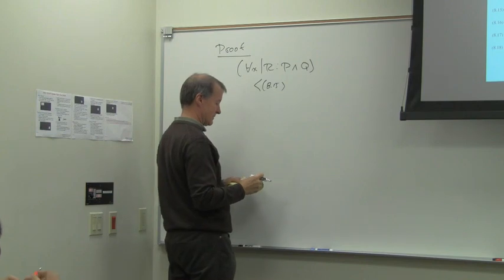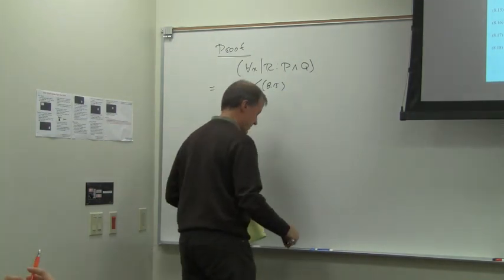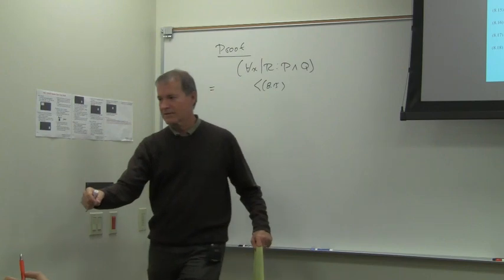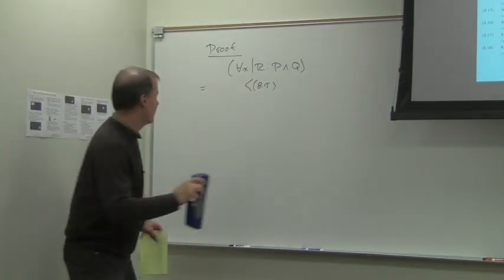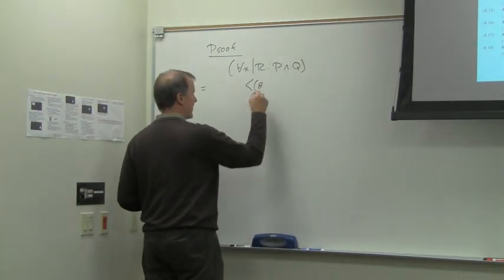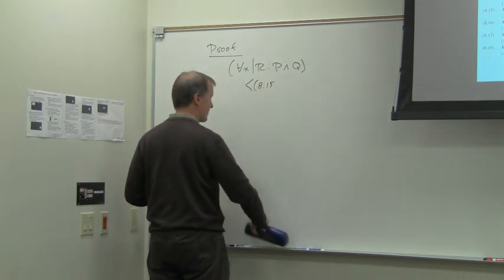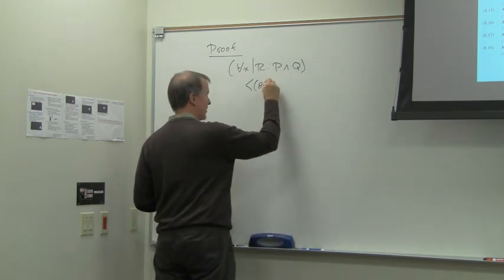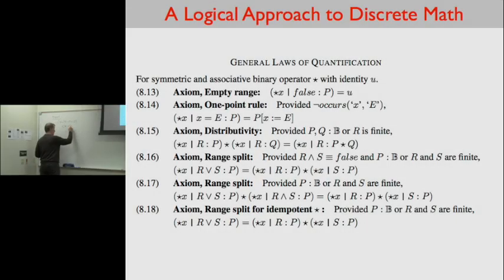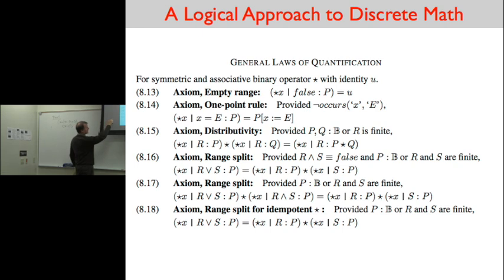By 8.15. Could you hand me that eraser? Thank you. Yeah, that was a good call. 8.15, boom. And what does 8.15 say? The star is, it's for all x, range R, body P, and then that star in the middle is like and, right?